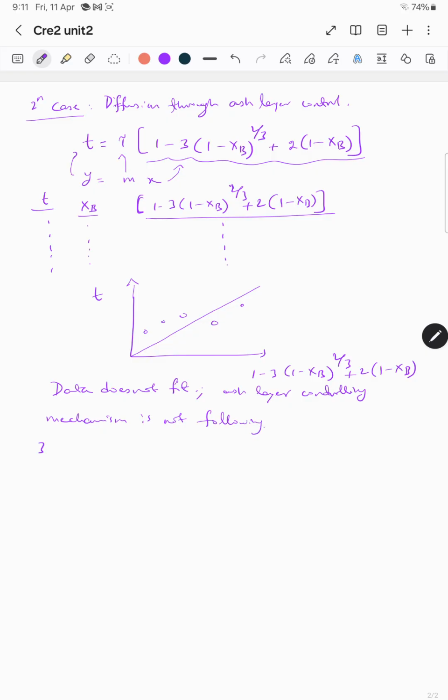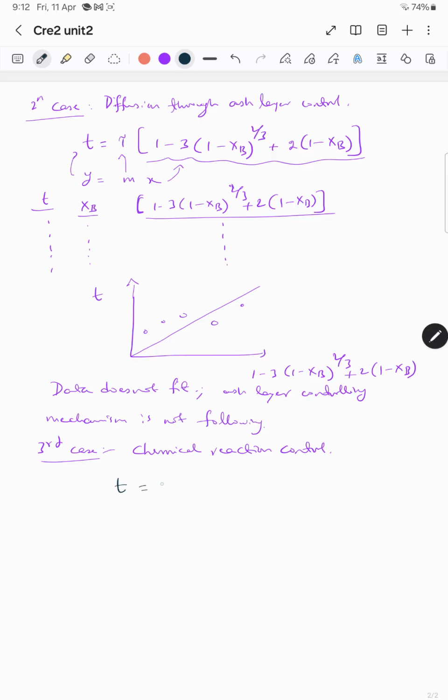So let's consider the third case, that is if it is a chemical reaction control. Let me take a different color because this follows a different expression. What is the correlation for chemical reaction control which shows the relationship between time versus conversion?